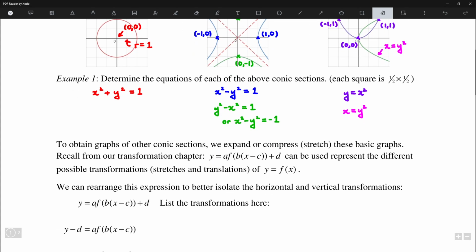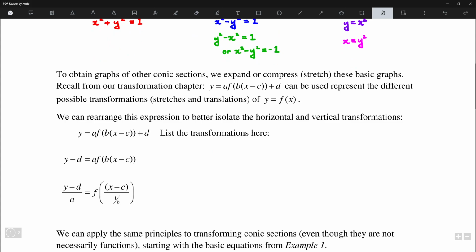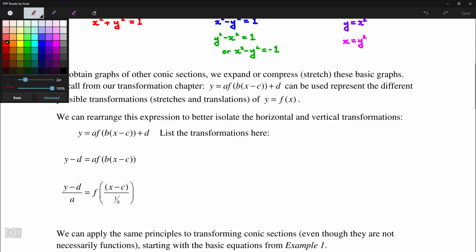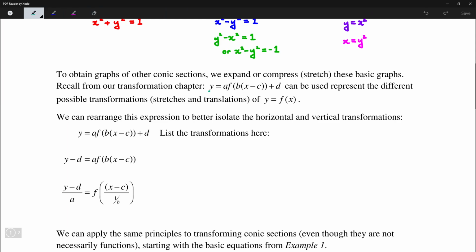So we are going to look at this equation here. y equals a times f of b, and then x minus c close parenthesis, plus d, which tells us that there are some transformations according to a, b, c, d, as we have seen in previous units.